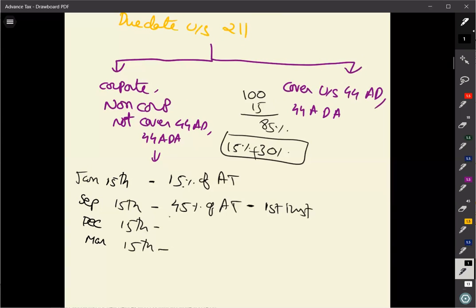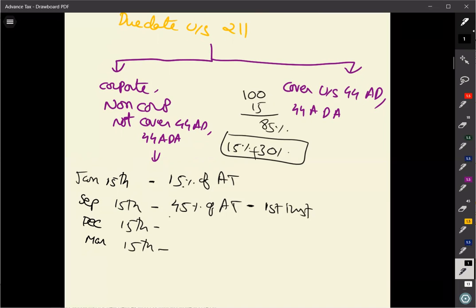So compute your advance tax, take 45% of it, and from that remove the first installment. The balance I get, I will pay as part of my second installment. That is your second installment.